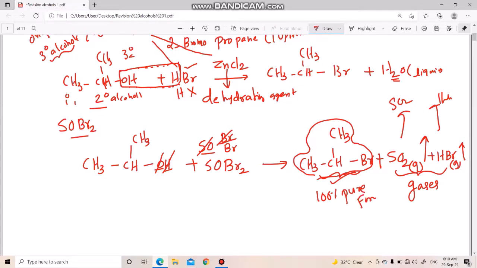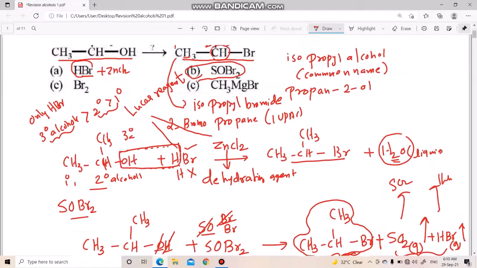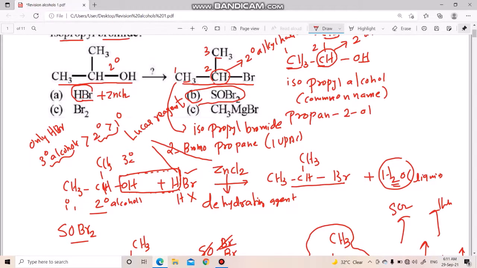But in the previous case, we get alkyl halide plus water, so we need to separate water from this mixture for getting the pure alkyl halide. In this case, no separation is needed, because both byproducts are gases and escape from the product mixture. So among these four, the correct answer is SOBr2.